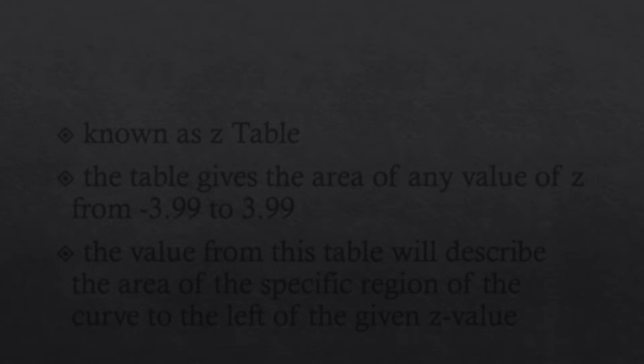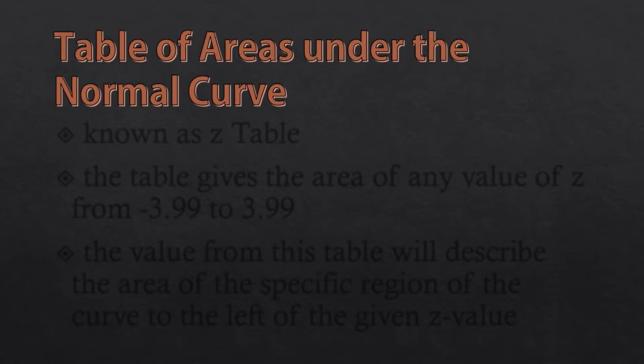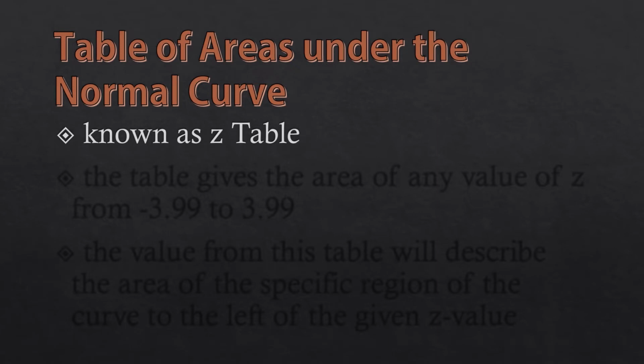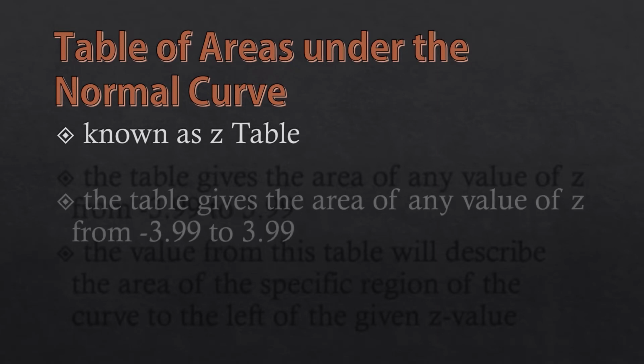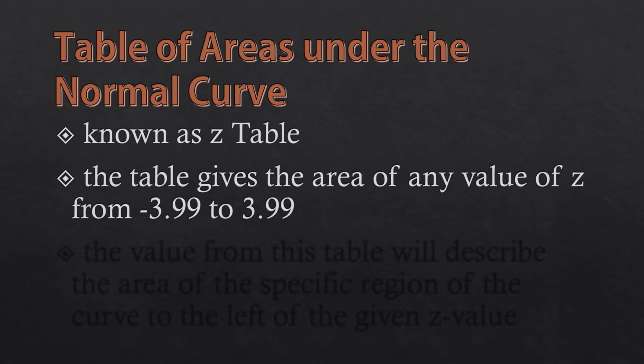Now, as I've said earlier, we have the table of areas under the normal curve. This is also known as the z-table. This table gives the area of any value of z from negative 3.99, approximately negative 4, to positive 3.99, approximately positive 4.